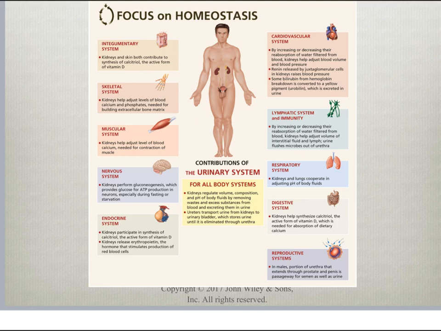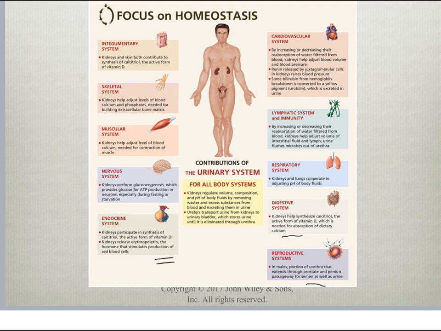The ureters transport urine from kidneys to the urinary bladder, which stores urine until it is eliminated through the urethra. So we can see how the digestive system kicks in and helps. Kidneys help synthesize calcitriol. This is going to help absorb our dietary calcium. Our reproductive system, in males, the urethra extends through the prostate, and the penis is a passageway for semen as well as it is for urine.